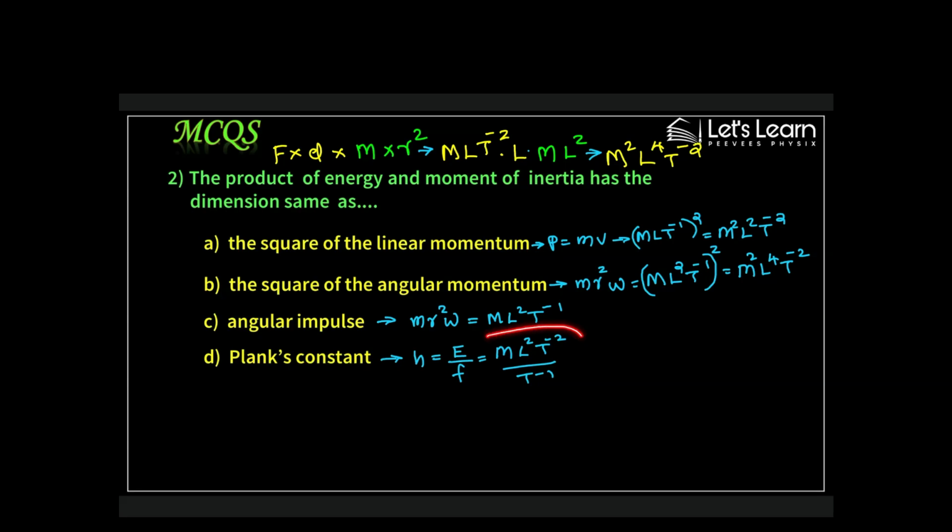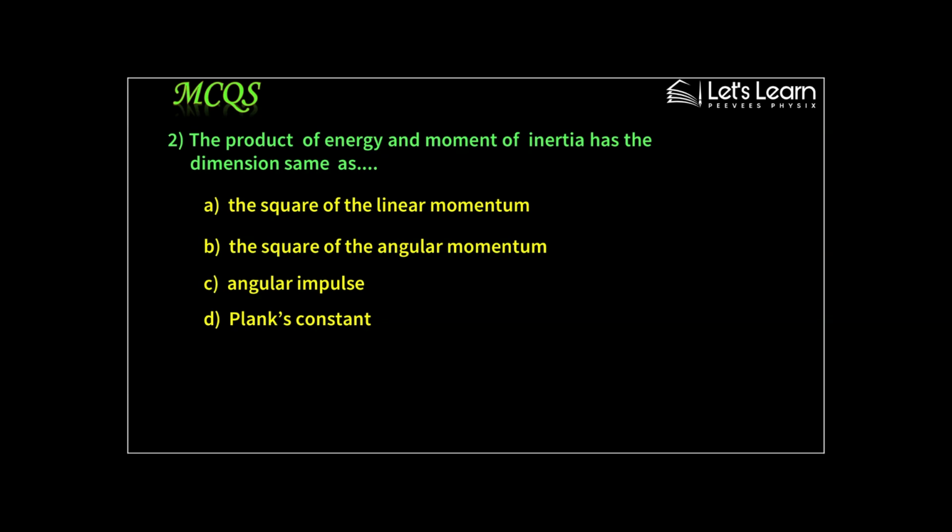Dimensional formula for energy is ML squared T to the power of minus 2, divided by frequency, which is T to the power of minus 1. This minus 1 and this minus 2 combine, eventually it becomes T to the power of minus 1. So that becomes ML squared T to the power of minus 1, which also doesn't match. So the final answer is B.